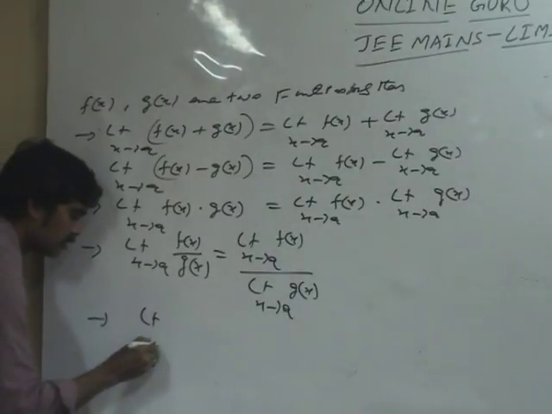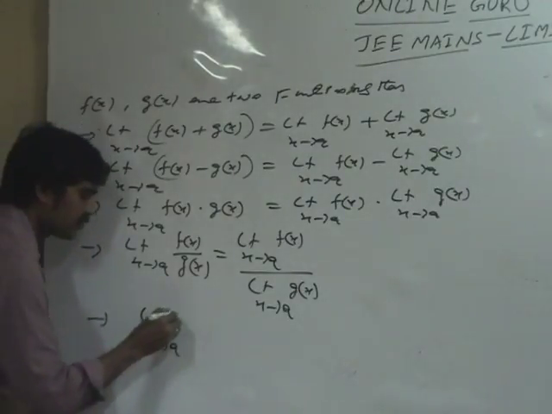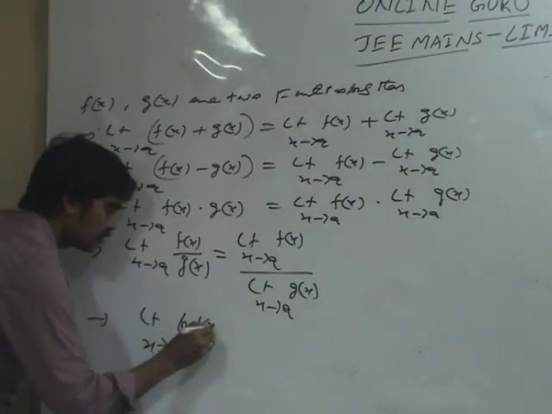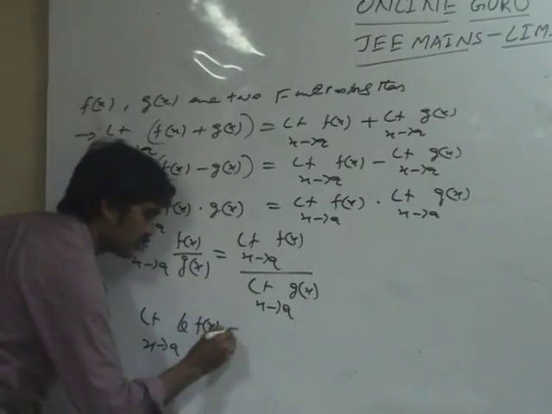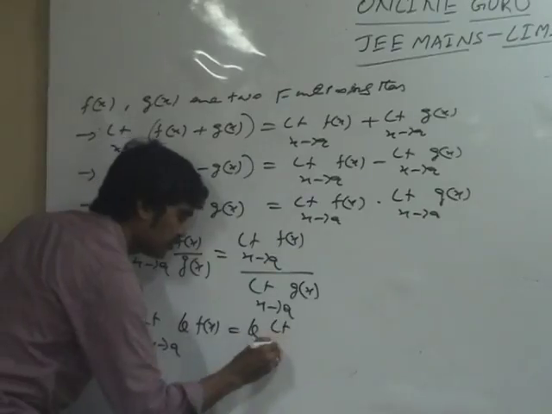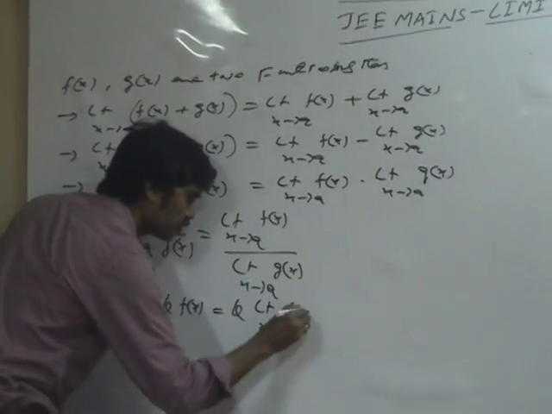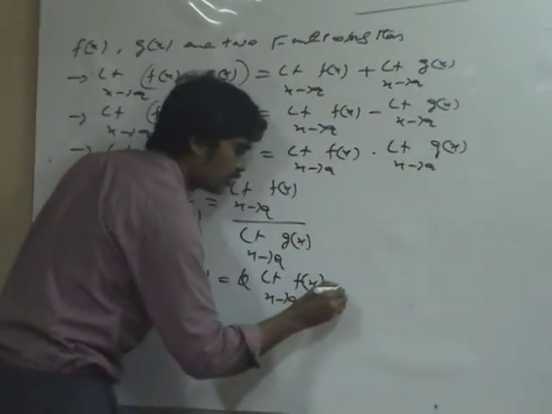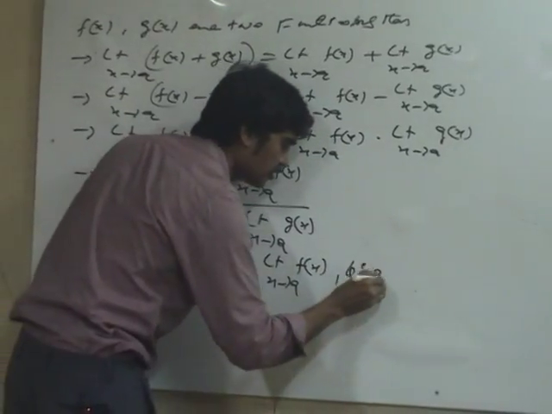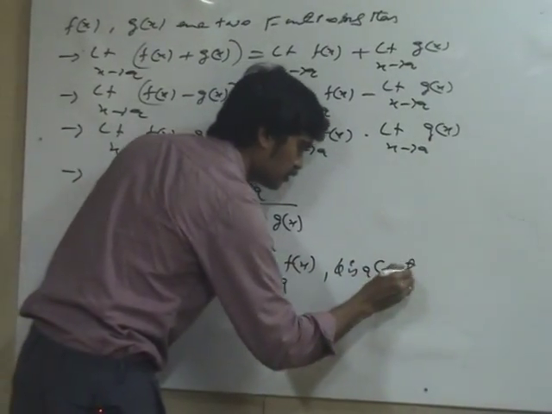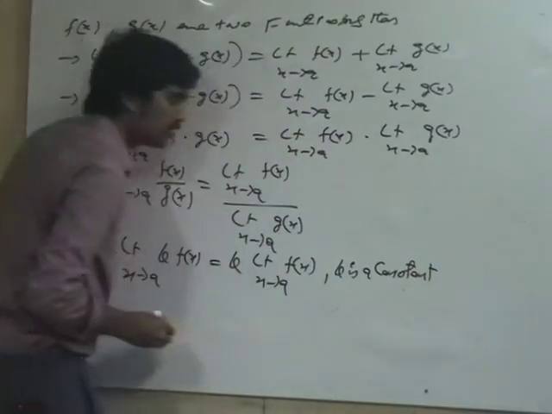Limit x tends to a k into f of x equals k into limit x tends to a f of x. Here k is a constant.